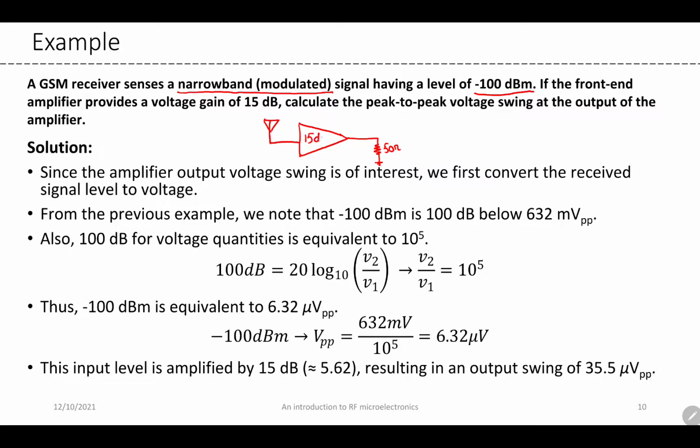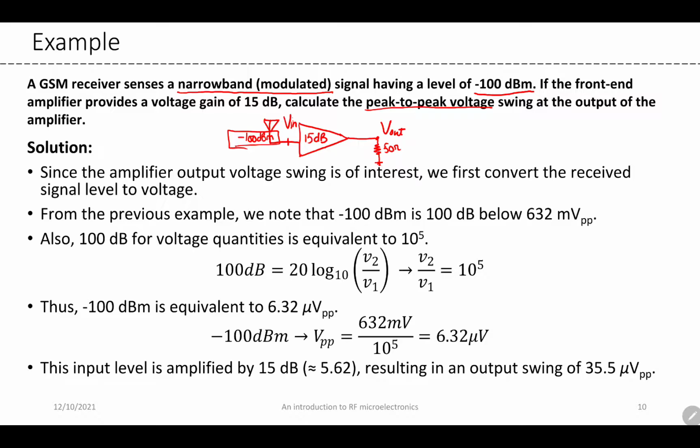It has a gain of 15 dB. Now you have -100 dBm coming in, and there's a gain of 15 dB, and then you have your P out, but since we have to talk in terms of voltages, I'll just write V out, and there is V in.